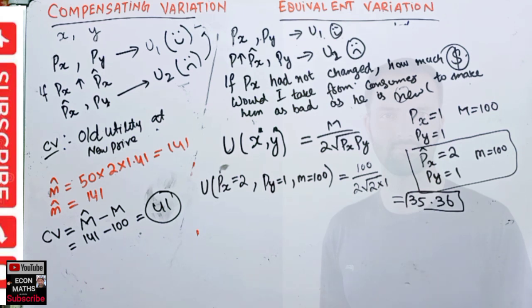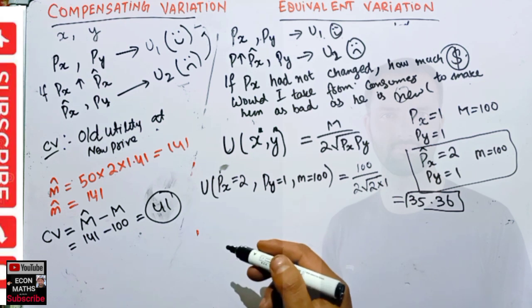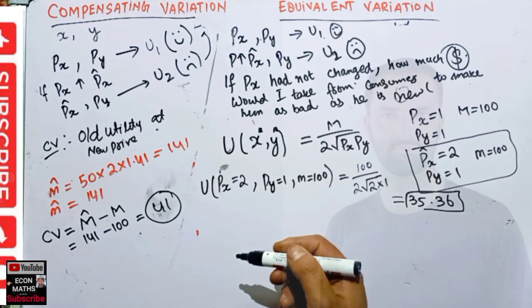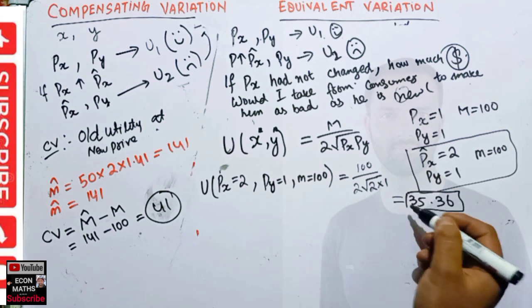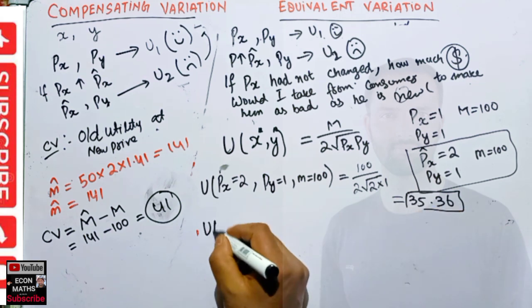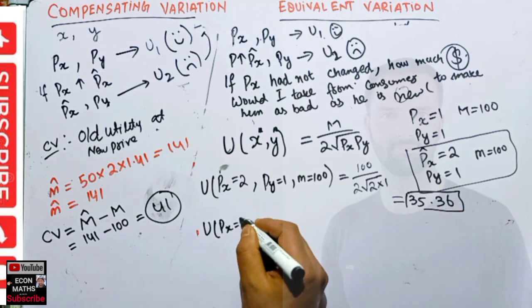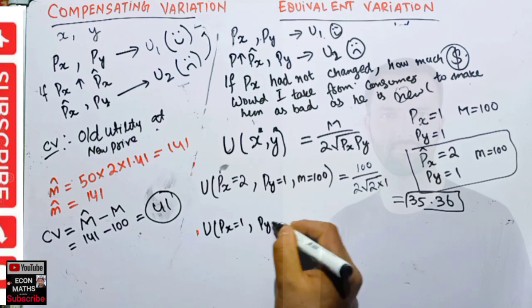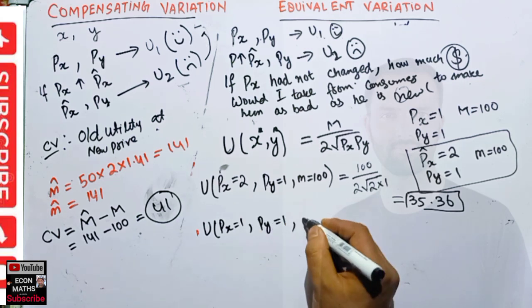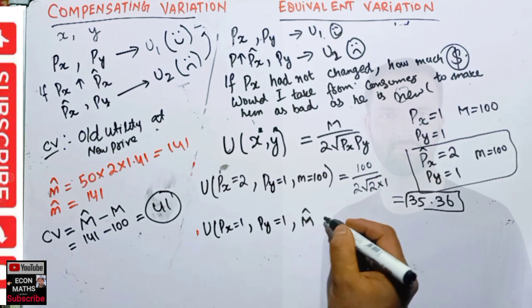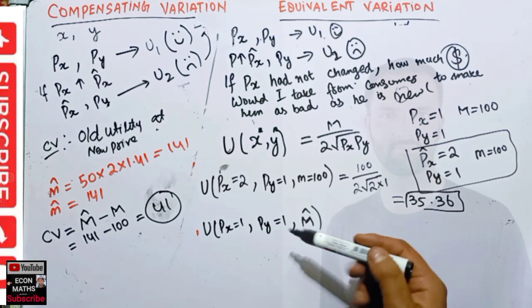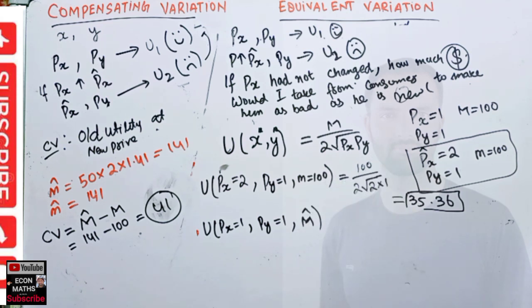Now originally we need to see u when price of x is equal to 1 and price of y is equal to 1, and how much income we need to take from the consumer to make him as bad as he is when the price is increased.